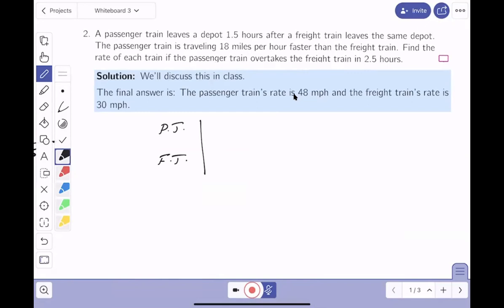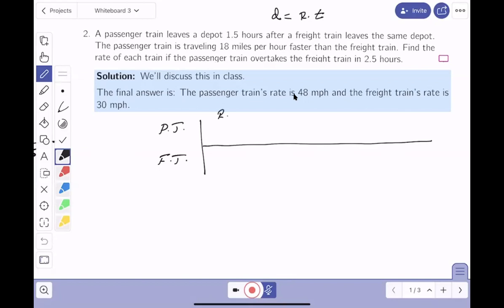Okay. I'm going to say this probably is going to be a distance equals rate times time problem. You know, trains are traveling and there's time. I can see that. So I'm going to summarize this information for you. I'm going to put down passenger train, and it's really the first guy they talk about.